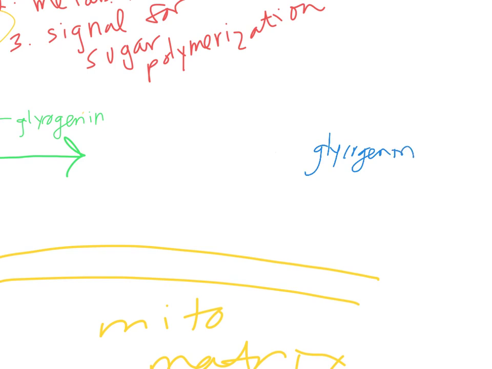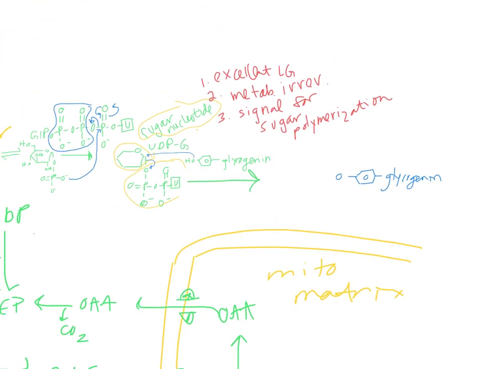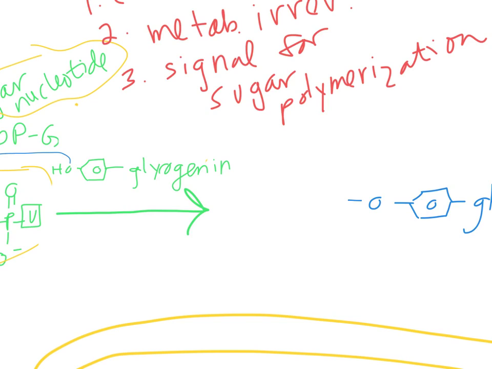Glycogenin, with my tyrosine amino acid, because glycogenin is a protein, is now attached to the anomeric carbon. And we just keep adding on sugar units through another UDP glucose.